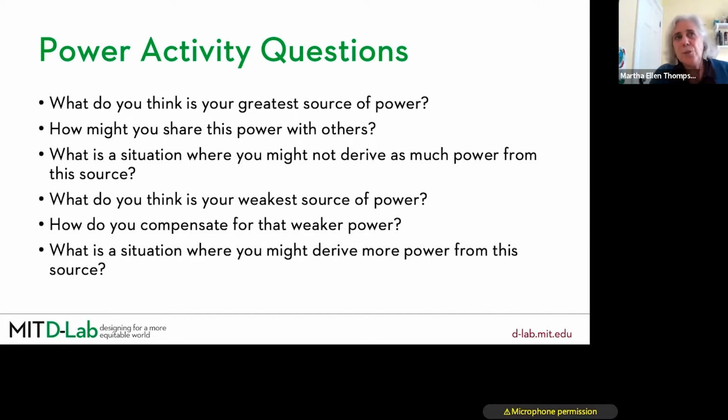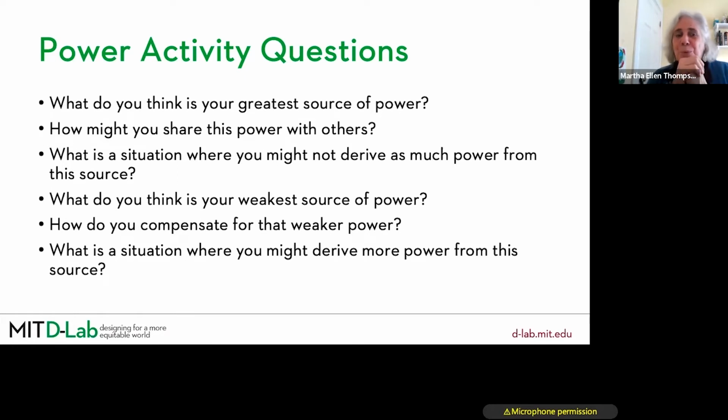So we try to introduce power to people, but we also have people go through power activities to bring to the surface some of the power differences that exist in the group. We do this with our students, and we do some of these activities in the co-creation summits. We call these the activities that have to do with the enabling environment.